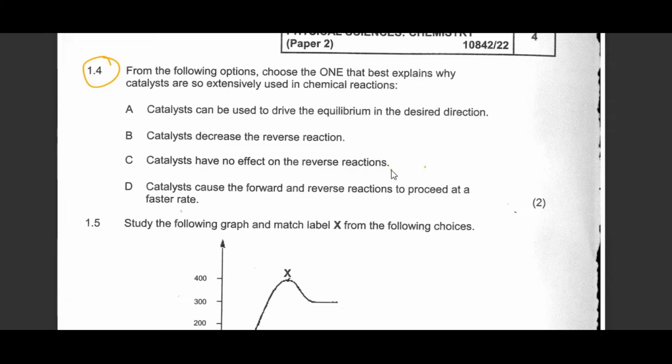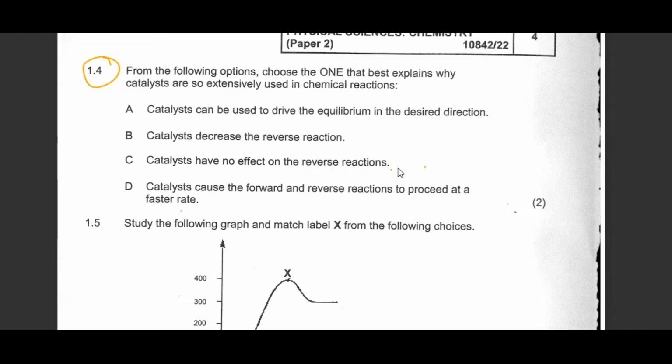So if you look at this answer, you'll find out that catalyst can be used to drive equilibrium in the desirable direction. Not only that catalyst decreases the reverse reaction, not only that catalyst has no effect on the reverse reaction. That's wrong. Catalysts cause the forward and the reverse reaction to proceed at a faster rate.